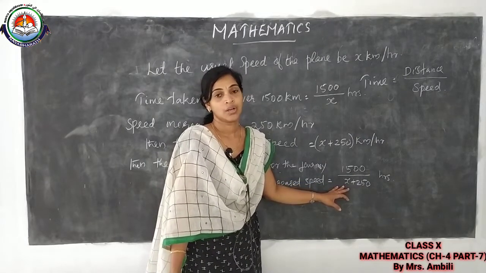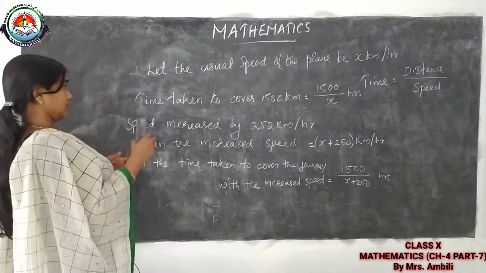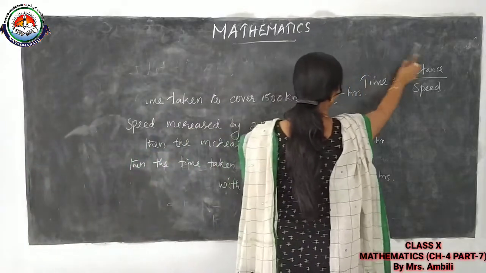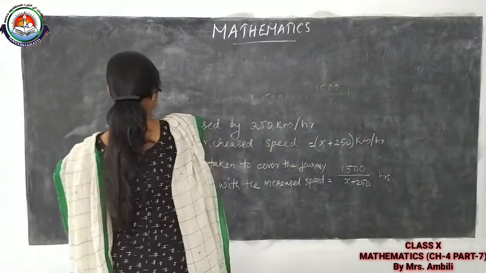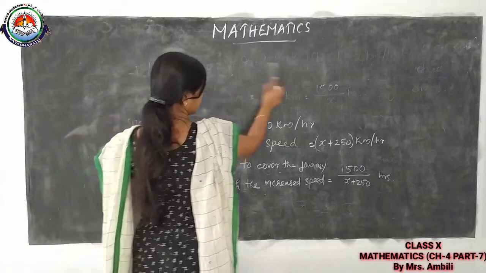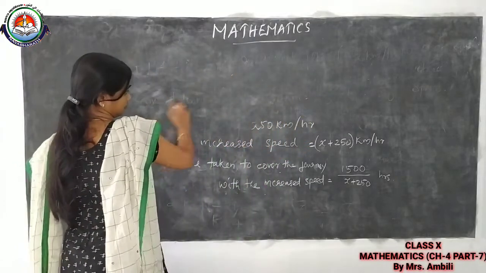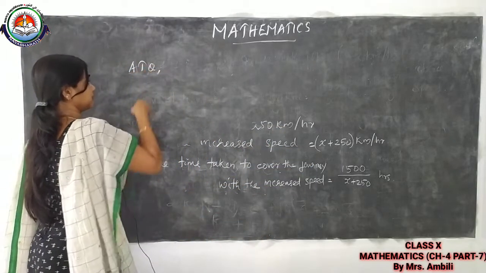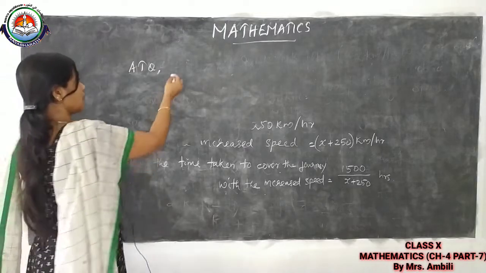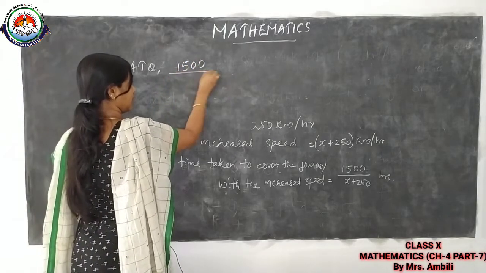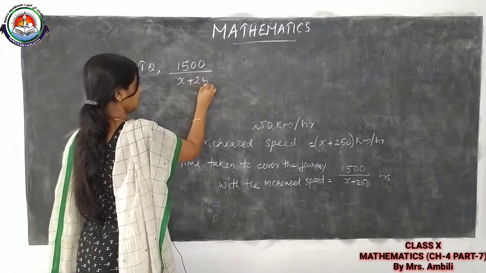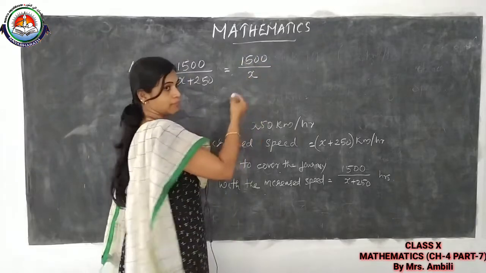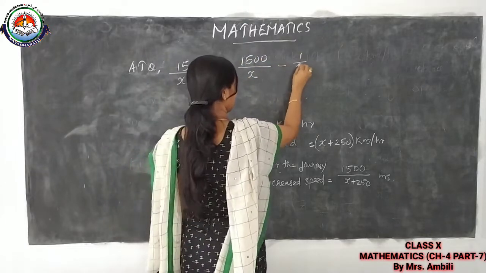Clear? Okay. Then according to our question, we can write 1500 by x plus 250 is equal to 1500 by x minus 30 minutes, that is 1 by 2 half hours.